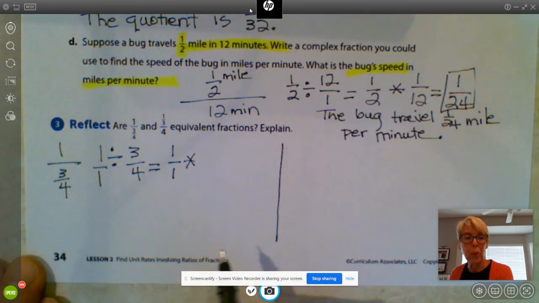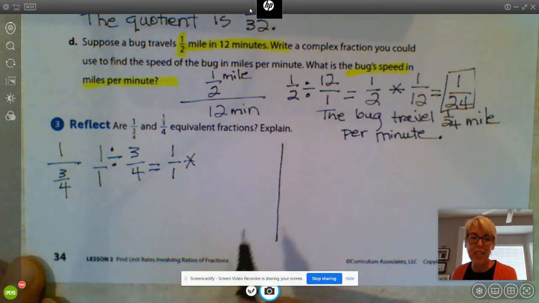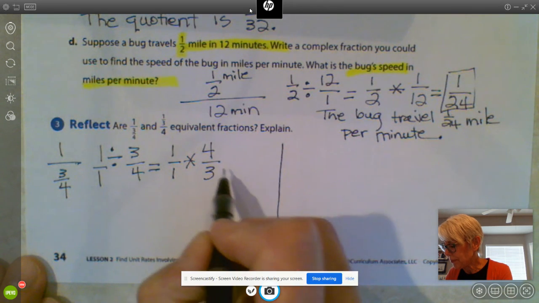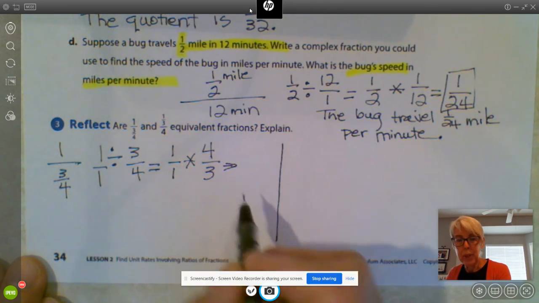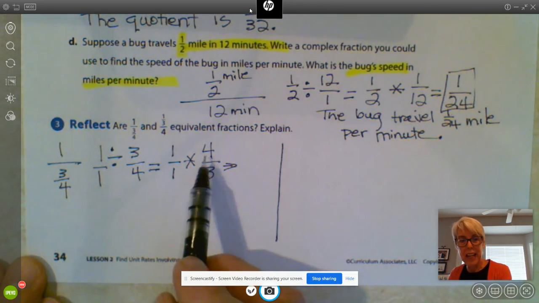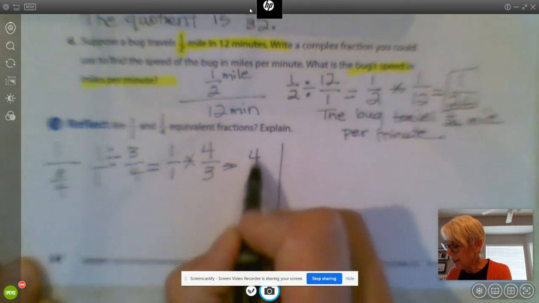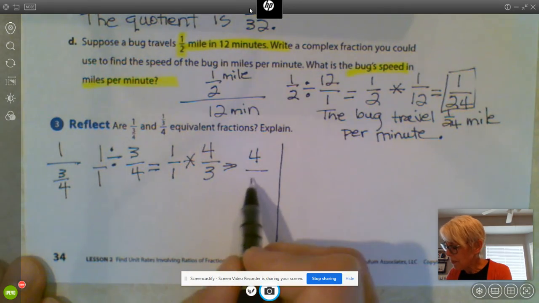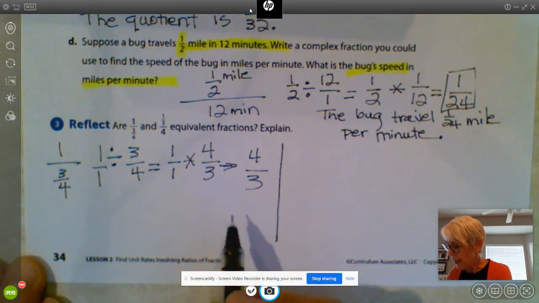Reciprocal is a really fun word to say. It just means the fraction is upside down. So multiplied by 4/3. Multiply the two numerators together. 1 times 4 is 4. Multiply the two denominators together. 1 times 3 is 3. And you have 4/3.